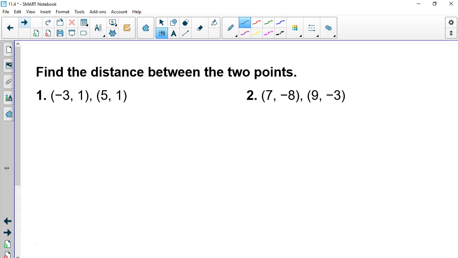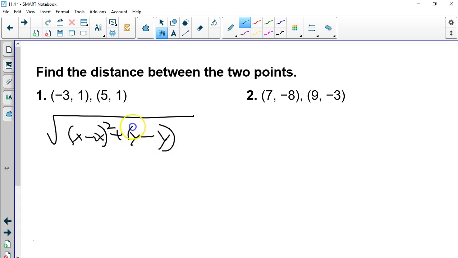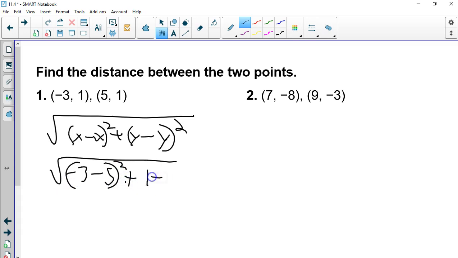Okay, find the distance between the points. We're only going to do one of these. You can do the other one for practice if you need, but review. Remember, it's the square root of x minus x squared plus y minus y squared. So the square root of -3 minus 5 squared, this makes it always positive, and then 1 minus 1 squared.